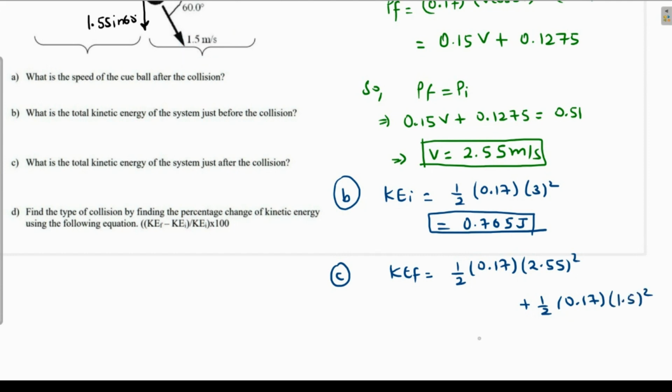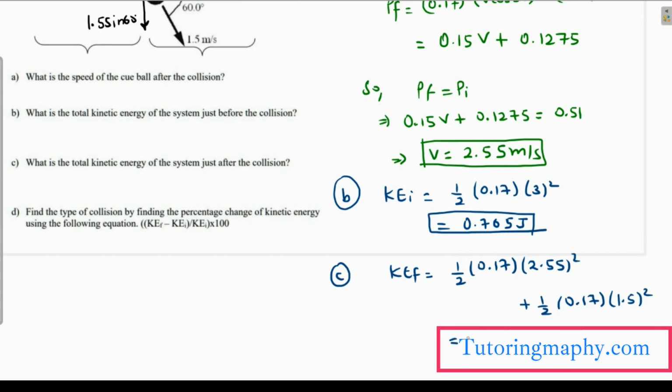So this value comes out as 2.55 squared times 0.17 over 2 plus 0.5 times 0.17 times 1.5 squared. So this value is coming as 0.744 joules, right? It is a bit less than the initial kinetic energy.